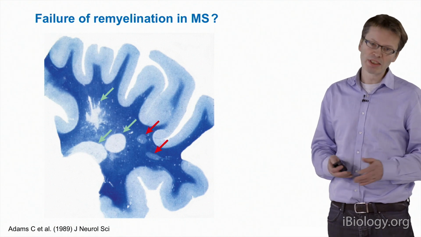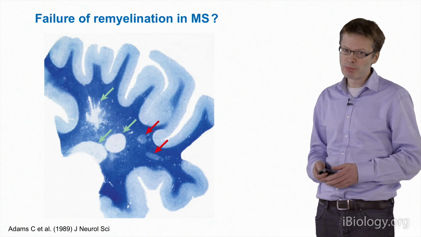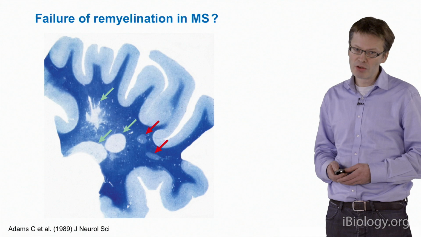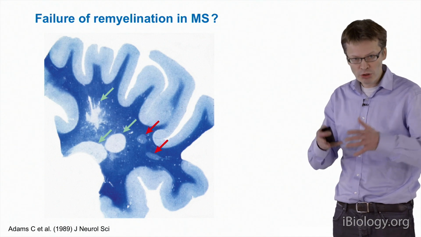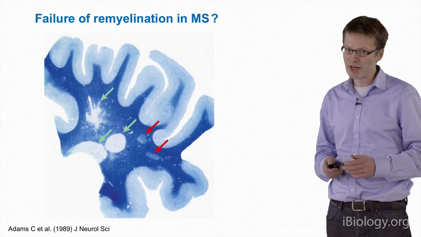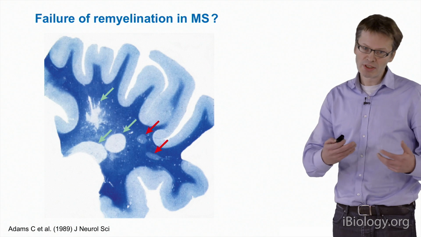Now, is remyelination failing in MS? This is a brain here stained in blue for the myelin sheath, and with light blue arrows, you see chronically demyelinated plaques in white. Most of the plaques, in fact, are not remyelinated, but with these red arrows, you see 2 plaques where remyelination was successful.